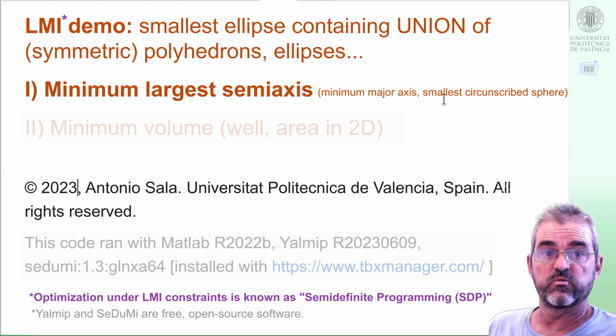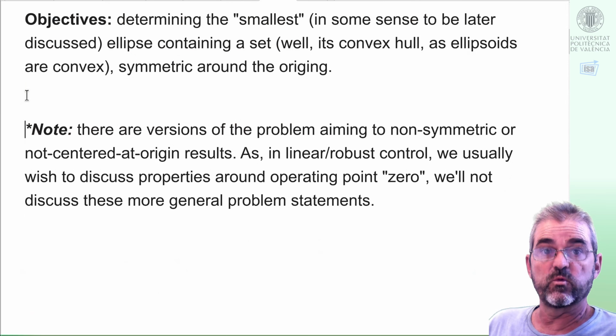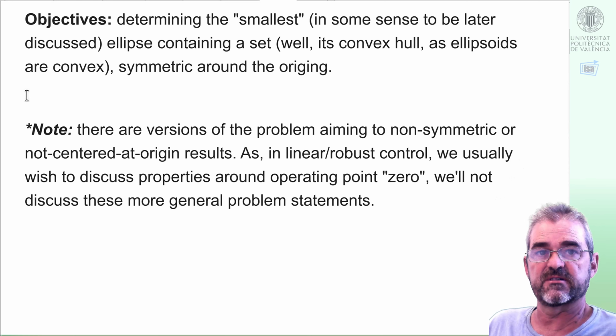So let's go. Just a note, for simplicity, we are only going to consider polyhedra and ellipses centered at the origin. Also, the problem can be generalized to deal with ellipsoids and polyhedra not centered in the origin, but as my overall goal is introducing linear matrix inequalities for control purposes, in most control problems we just set 0 as the operating point, and disturbances, uncertainties or whatever are symmetric around the origin.